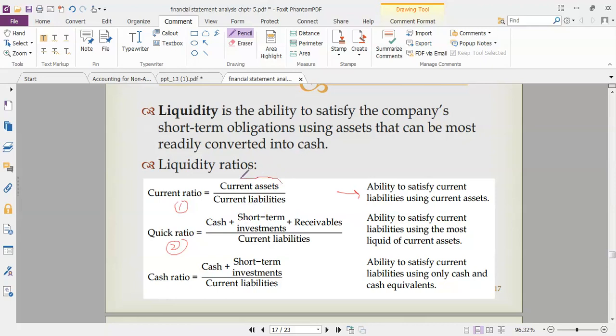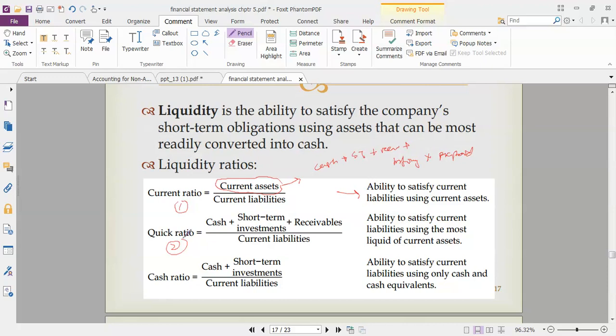When we calculate the current ratio, the current asset includes all cash, short-term investment, receivable, and then inventory, and another one is prepayment, accrued and prepayment.